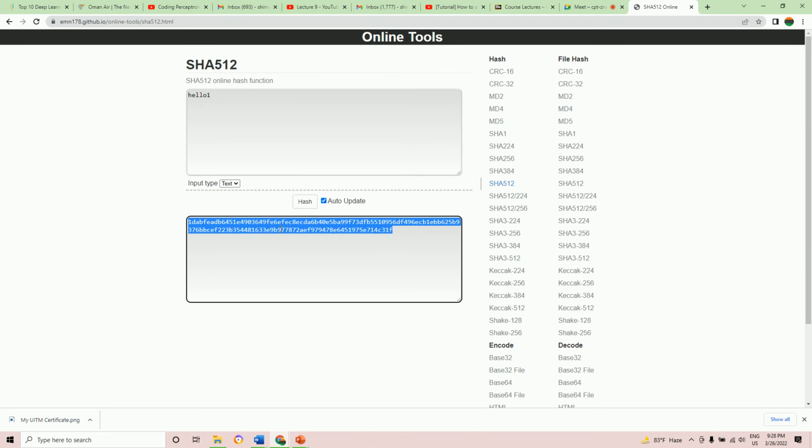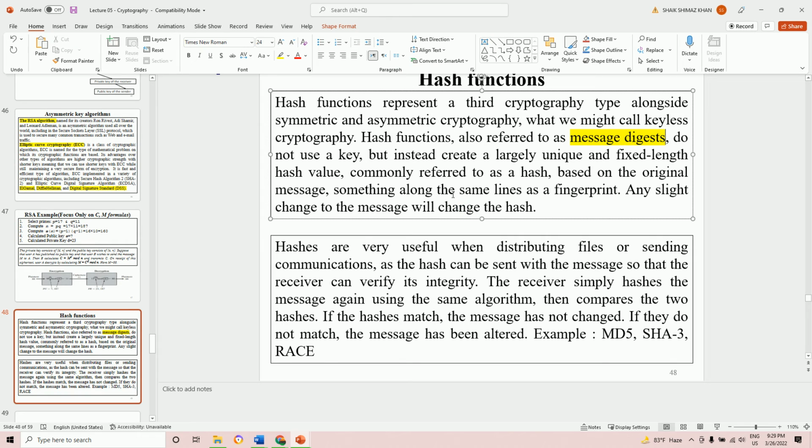These hash values are fixed size. This is a hexadecimal value, but if you convert it into binary bits, the length is 512 bits. Hashes are very useful when distributing files or sending communication, as a hash can be sent with a message so that the receiver can verify the integrity.